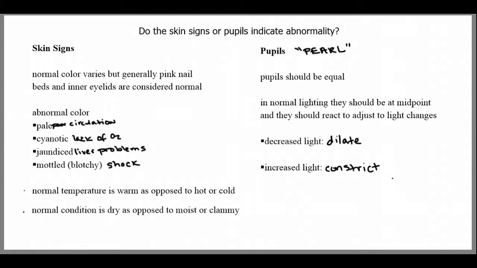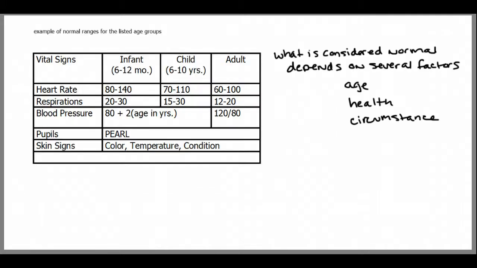Several things can affect the pupils, like drug use, prescription eye drops, brain or eye injuries. So keep that in mind when assessing them. Also, like I mentioned earlier, what is normal depends on several factors, including age, health, and circumstance.